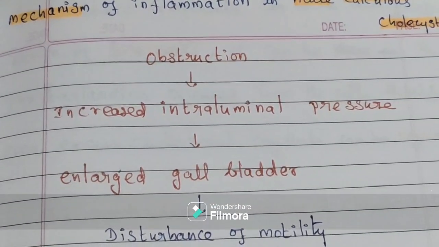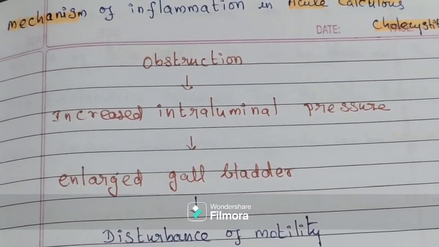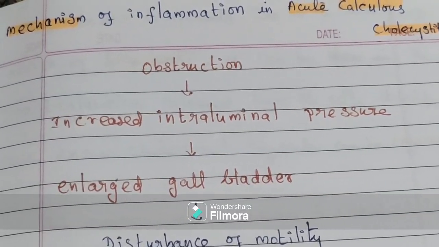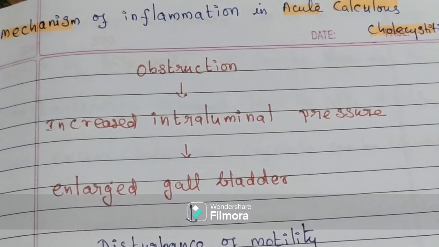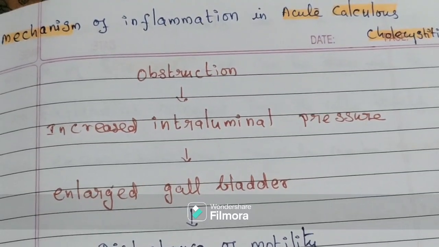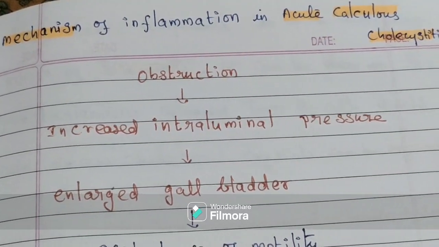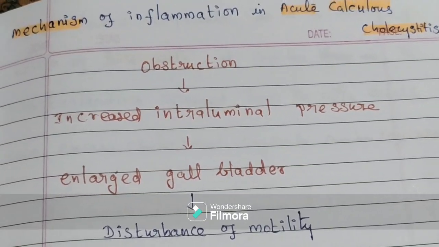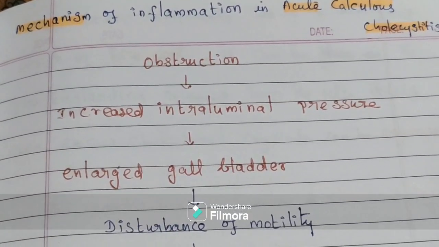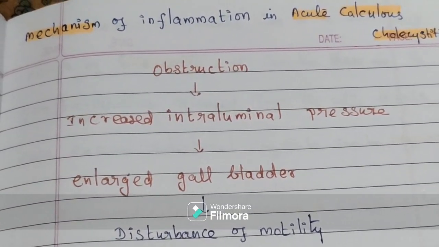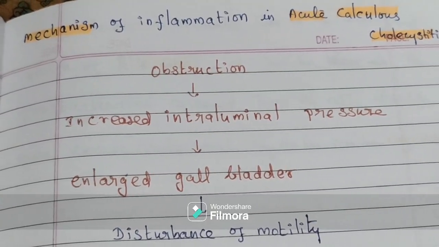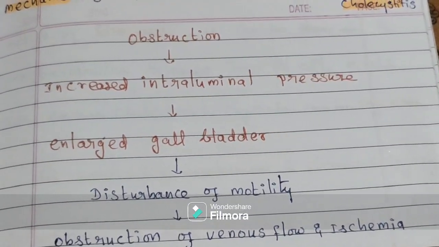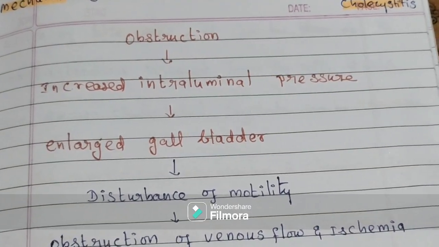Obstruction results in increased intraluminal pressure, which results in enlargement of the gallbladder, and thereby there is disturbance of motility of the gallbladder, which ultimately leads to obstruction of venous flow and ischemia.